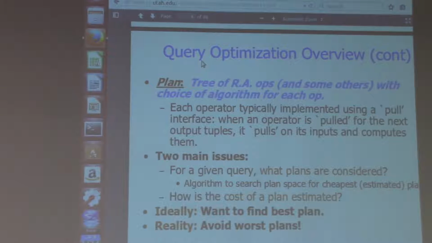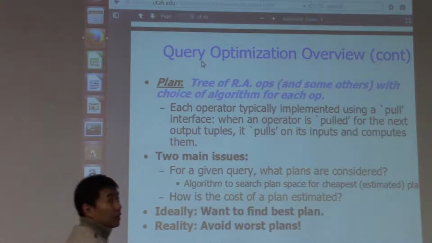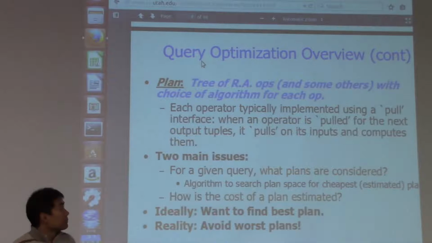By choice of algorithm for each operator, I mean the different ways of implementing the same operator we talked about. If you talk about join, for example, you can use one of the 5 or 6 algorithms we talked about for join, right? Hash join, block nested loop join, and so on. And each such operator may have potentially several different ways of implementing it. Okay?